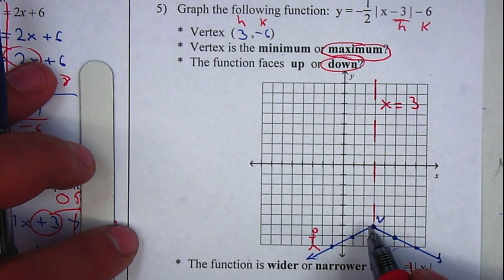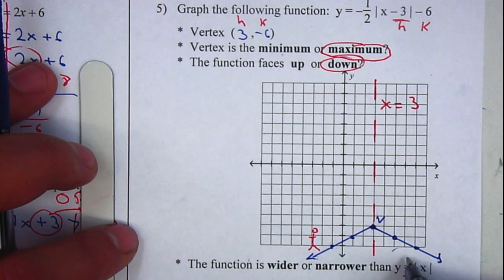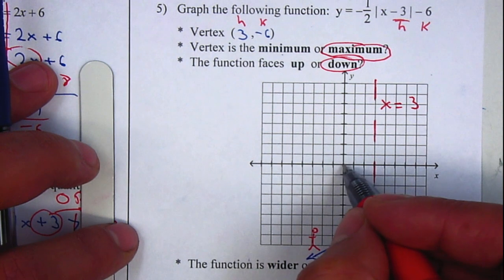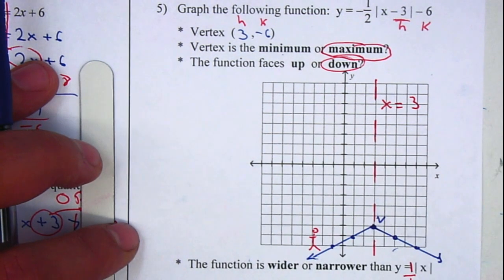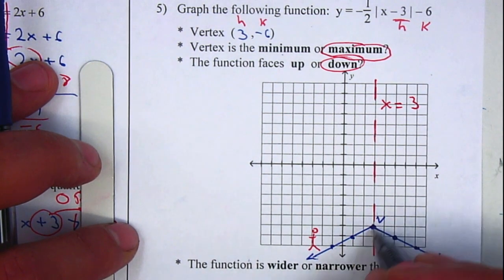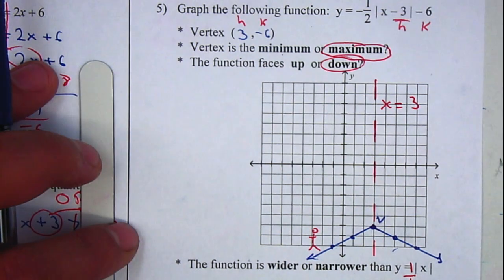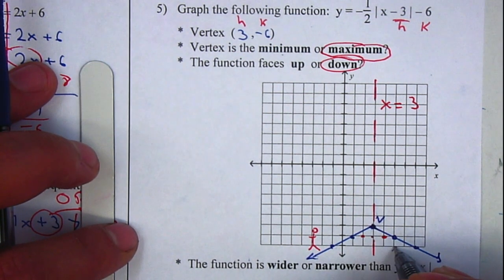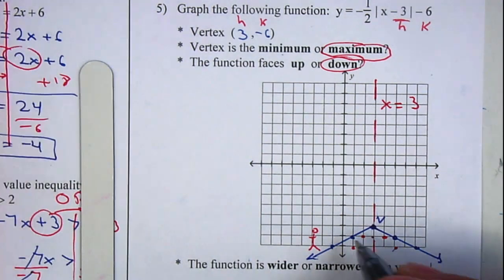We want to be able to graph it on the same vertex and facing down as well, so that way we can compare. If you actually want to place it at 0, 0 and graph it so you can compare, it's fine. But I prefer to graph it on top of each other and facing the same way, so it's much easier to compare. 1 over 1, here and here. Once again, 1 over 1, here and here.